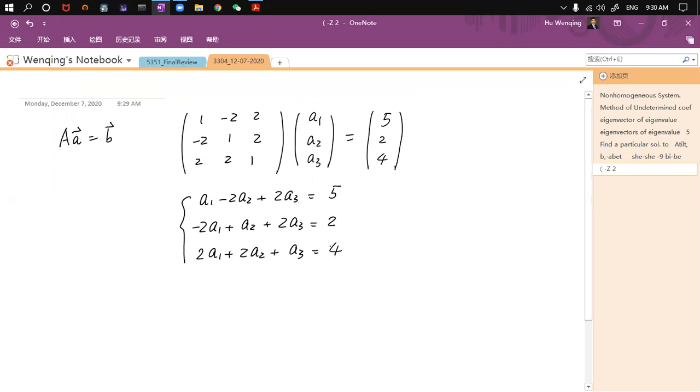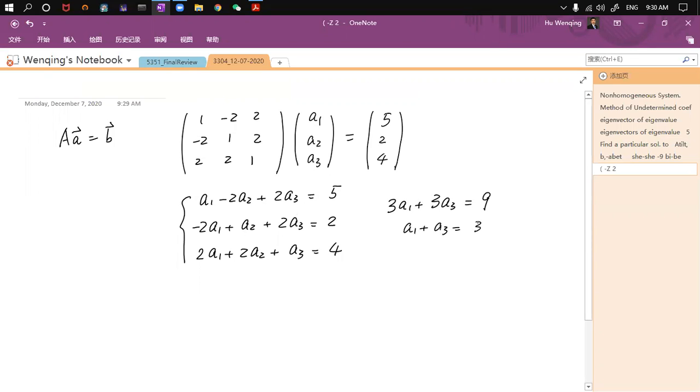Is that good, everybody? Okay, so you have these 3 by 3 equations. Now you want to solve them. If you add the first and third equation, you are going to just have 3 times A1 plus 3 times A3 is equal to 9, which means that A1 plus A3 is equal to 3.